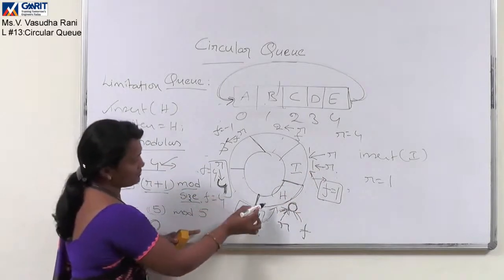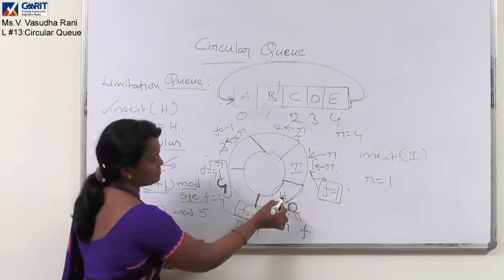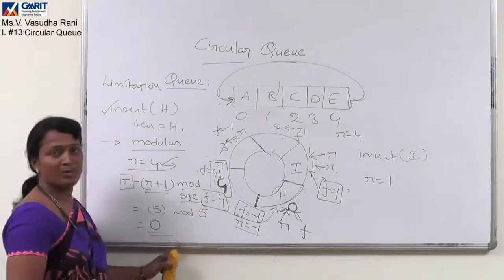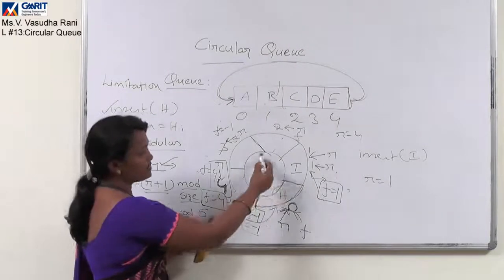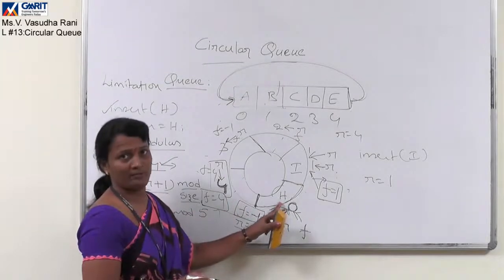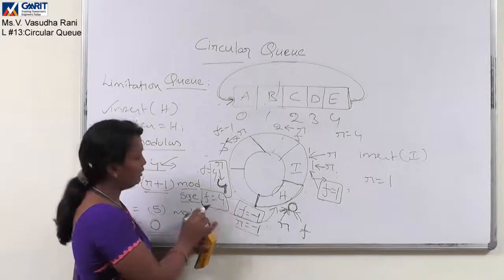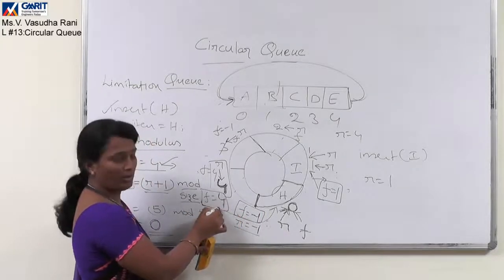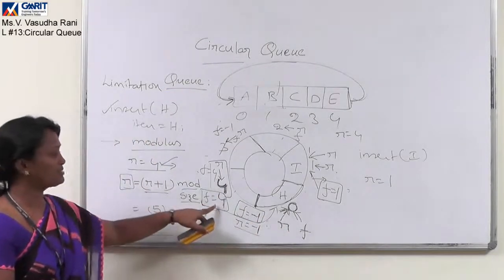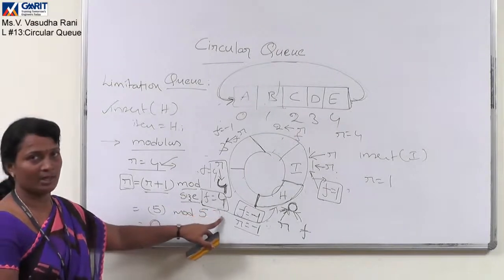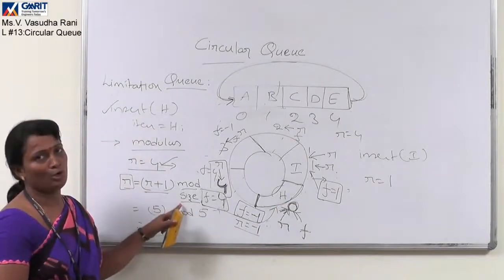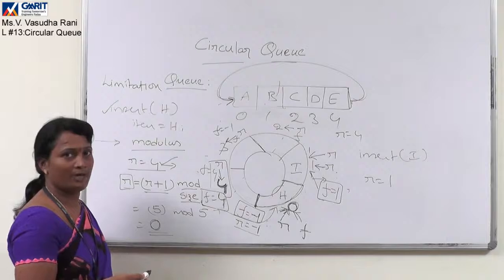So now the situation is that with rear references there are 2 new elements, and front reached its maximum value 4. As there are some elements in the queue, again using our front we can delete these elements. But for the deletion to happen, as f value is 4 now, it has to refer to the next location, which is 0. So again for front also, once it reaches the maximum value, to change its value to its initial value, we have to apply the same modulo operation to get the next front value.